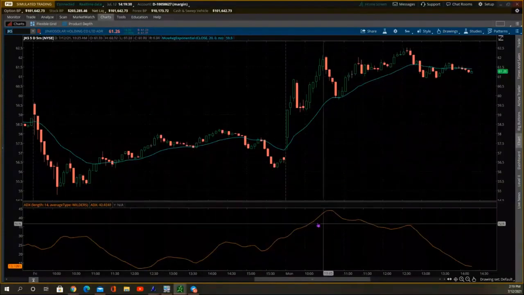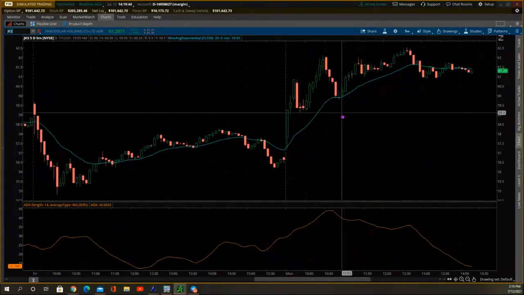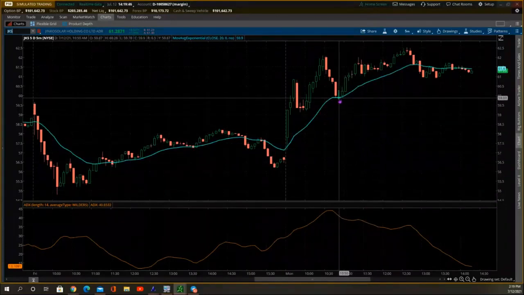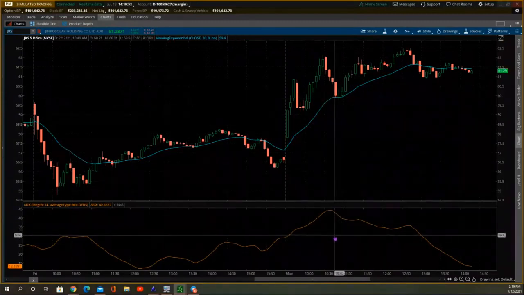Okay, let's look at this then. First of all, we want to see where JKS might pull back below the 20 EMA, right? Right there. So we drop on down here to the 30. JKS is above the 30, right? Right.